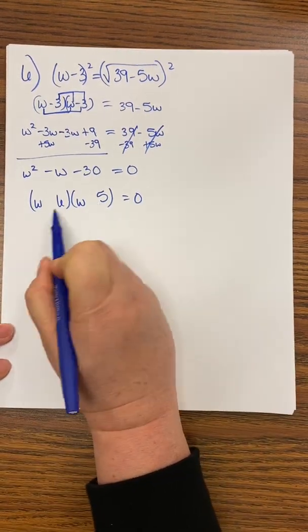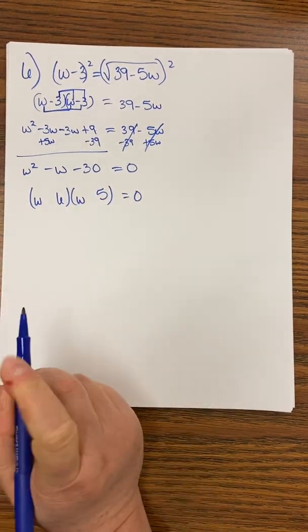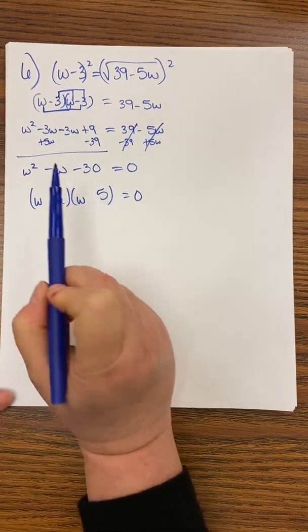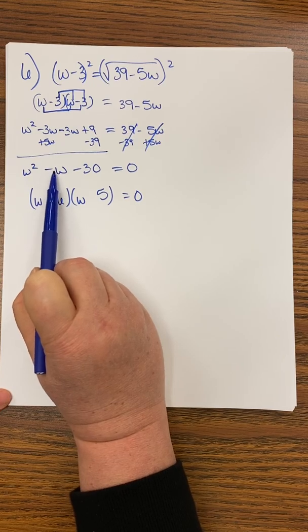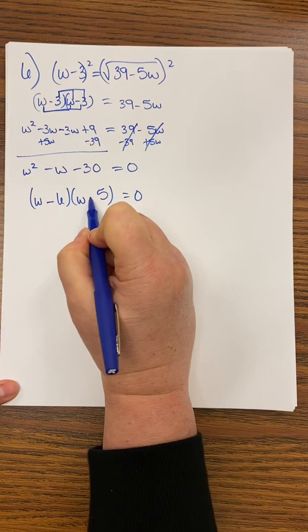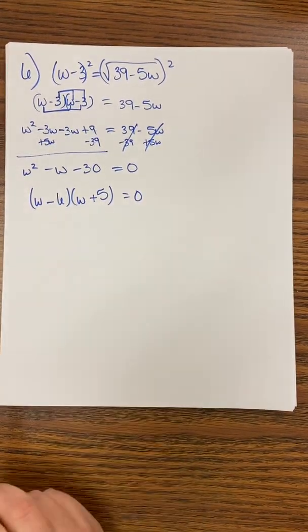So if they were both negative, negative 6 and negative 5 would not be negative 30. So one of them needs to be negative. Which one? Well, when you add them, they need to equal a negative 1. So you need your bigger number to be the negative, because negative 6 plus 5 is the negative 1.